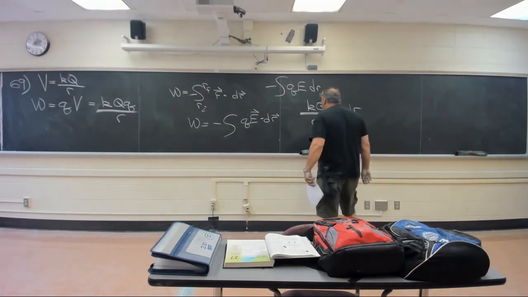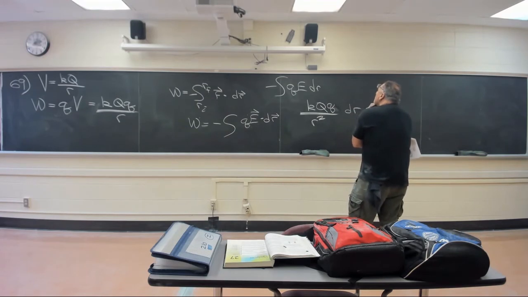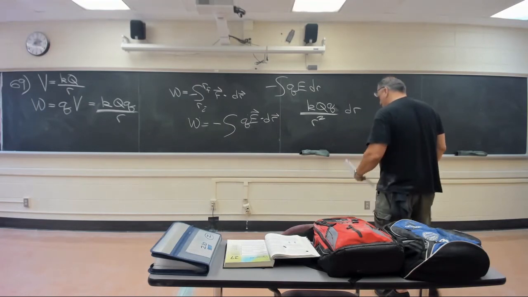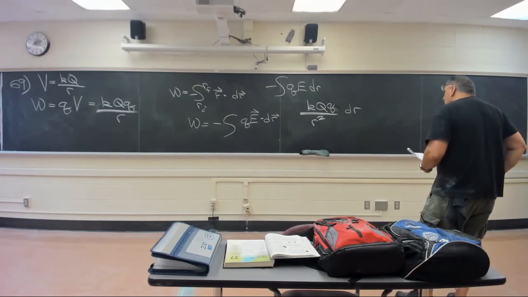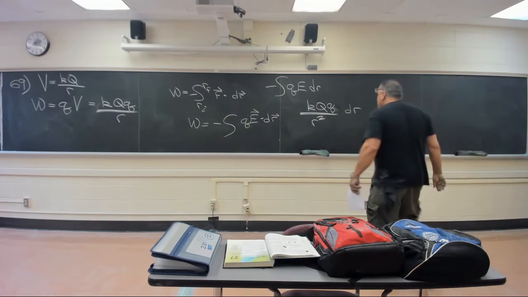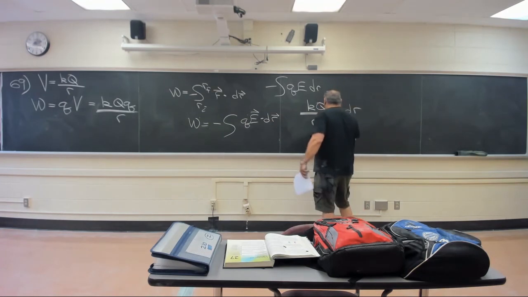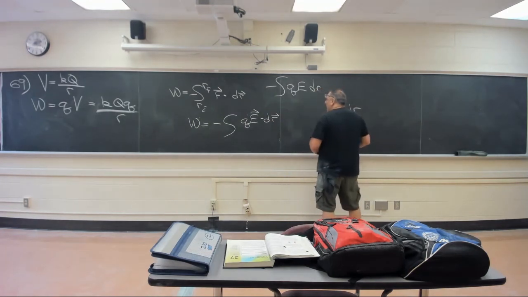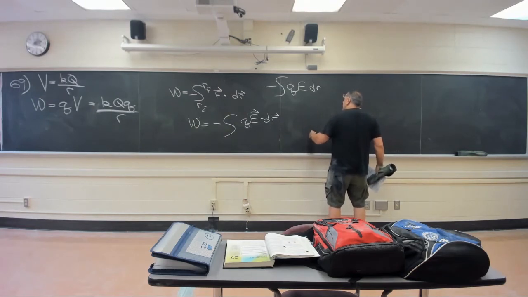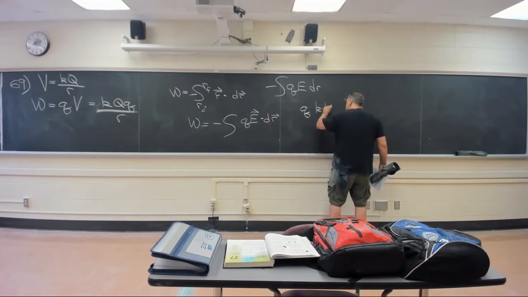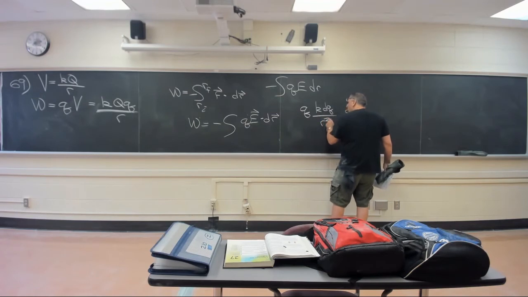There's a lot more to it. The Q, guys, is going to vary. The E field itself is going to vary. It's going to be essentially not just the Q. If you looked at the E field itself, it would be dq over r squared.